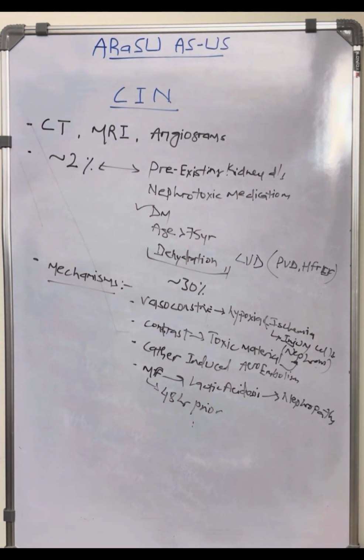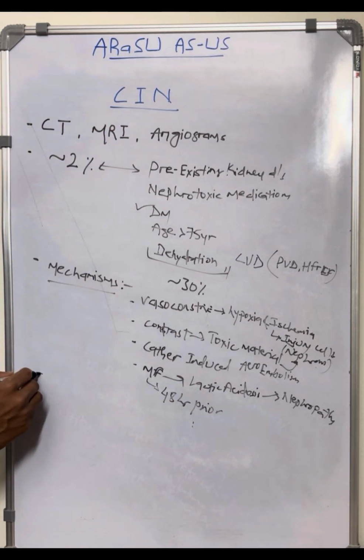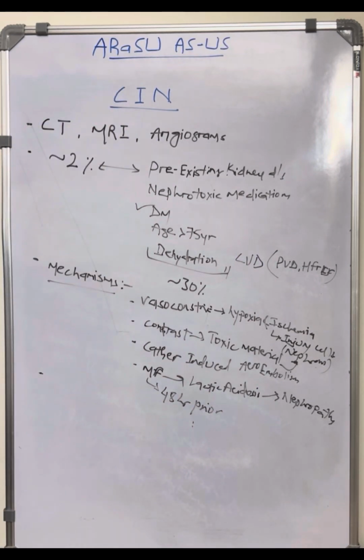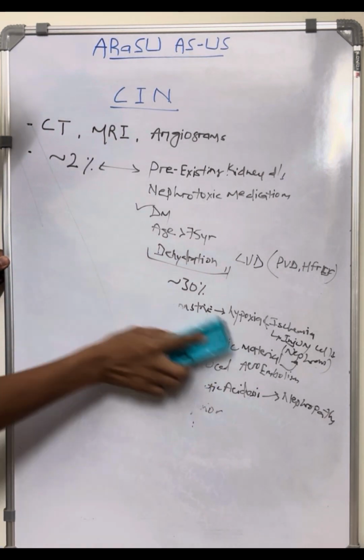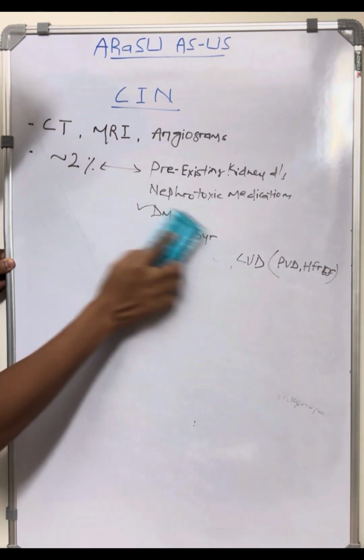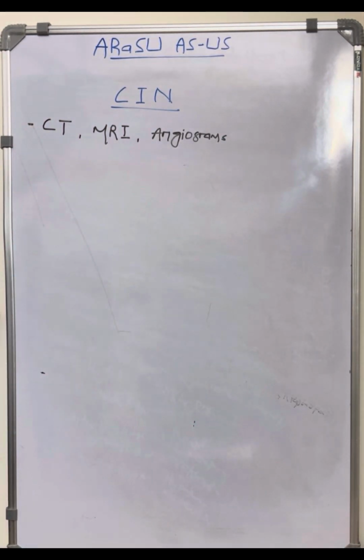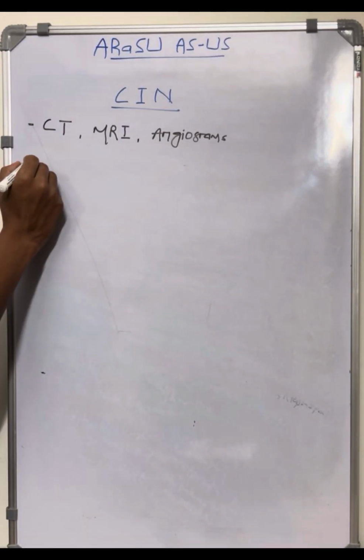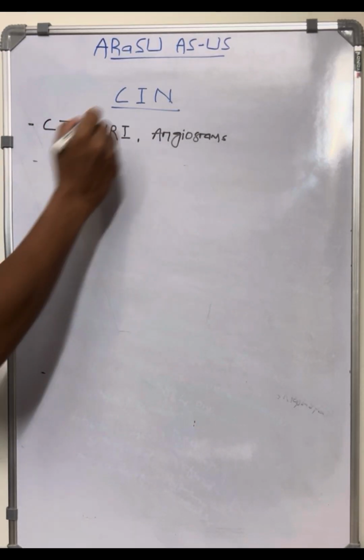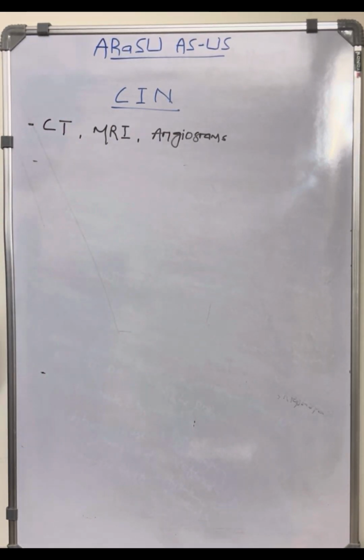These are some mechanisms. Then coming to the practical identification of contrast-induced nephropathy. So how to identify? Whenever we consider contrast-induced nephropathy, a few points we have to remember.